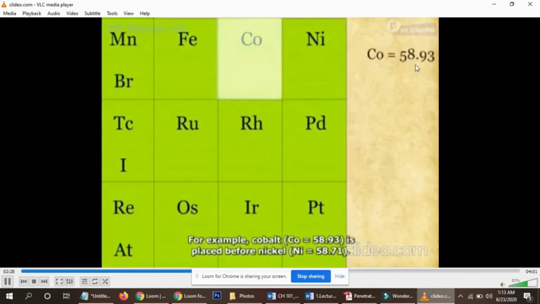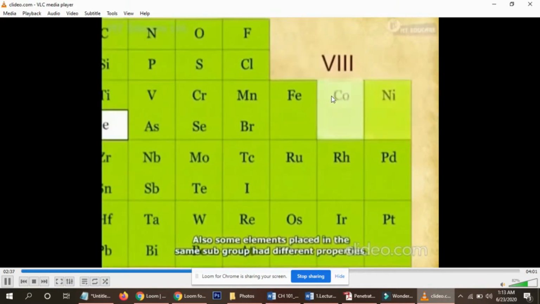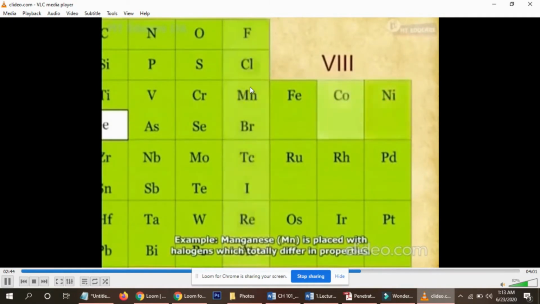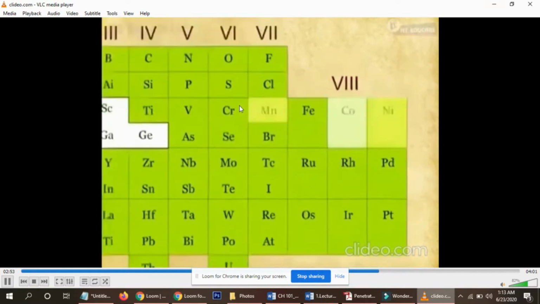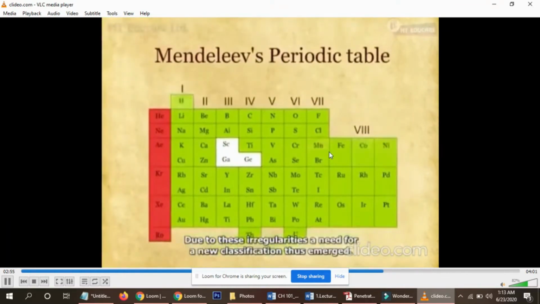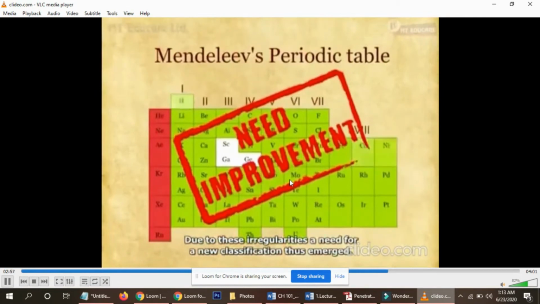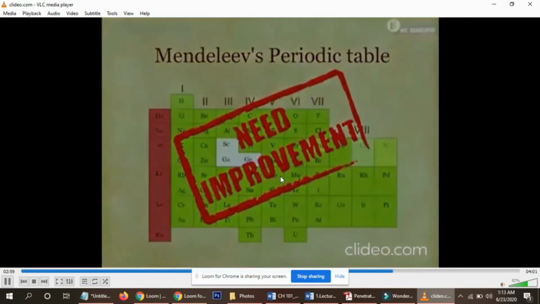The atomic mass of cobalt is 58.93, but nickel is 58.71, yet nickel is placed after cobalt. Again, in the halogen group, some elements have totally different properties, like manganese. So these are some of the demerits which need improvement.